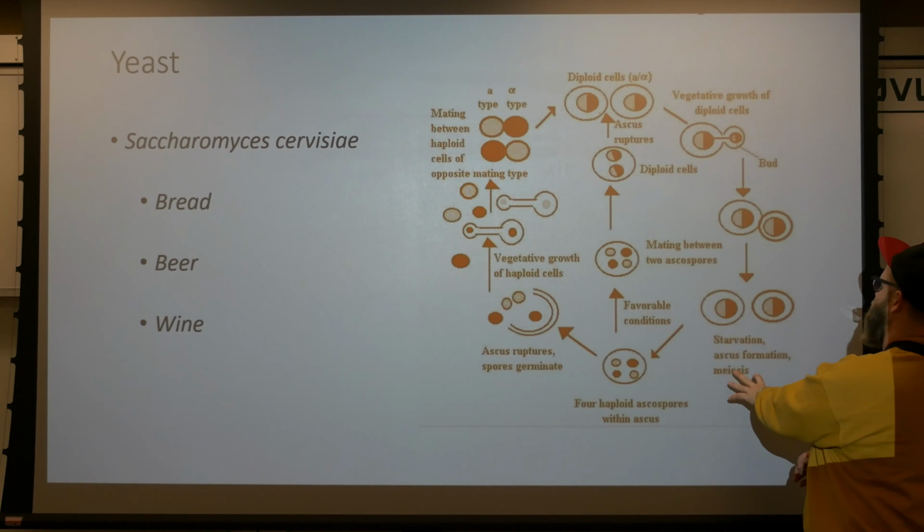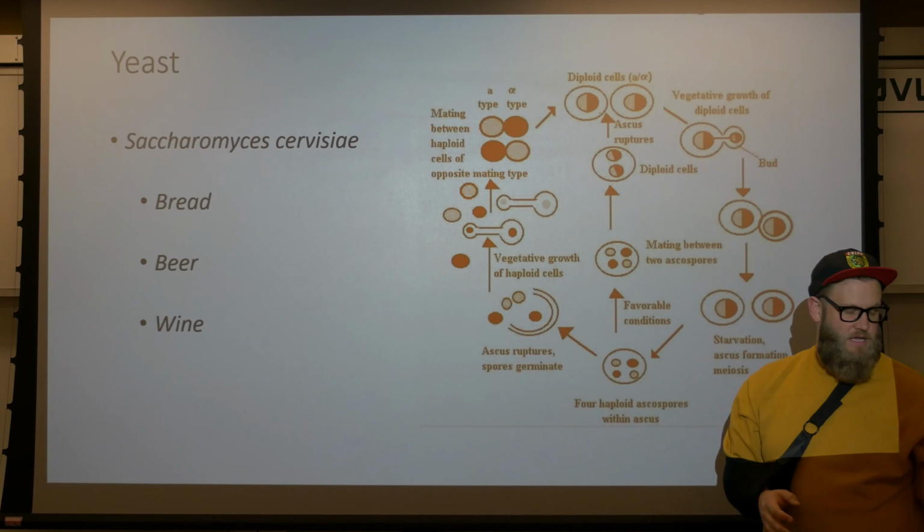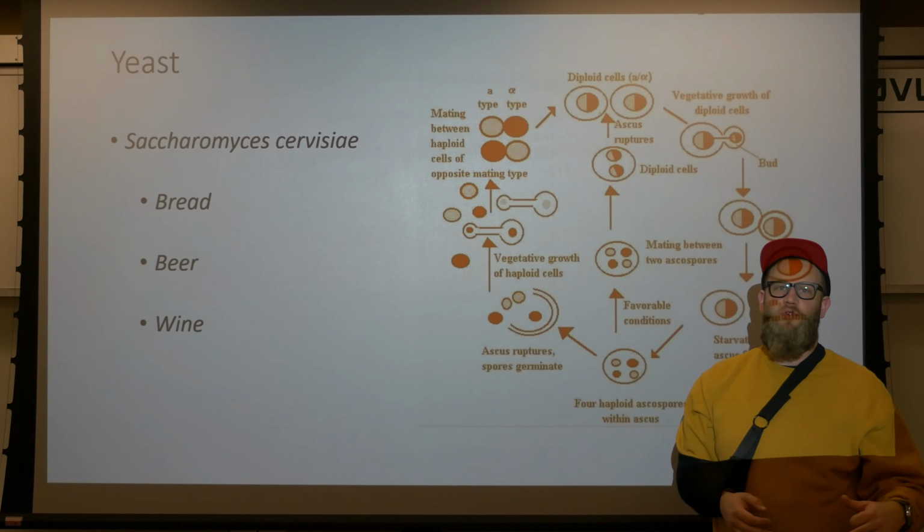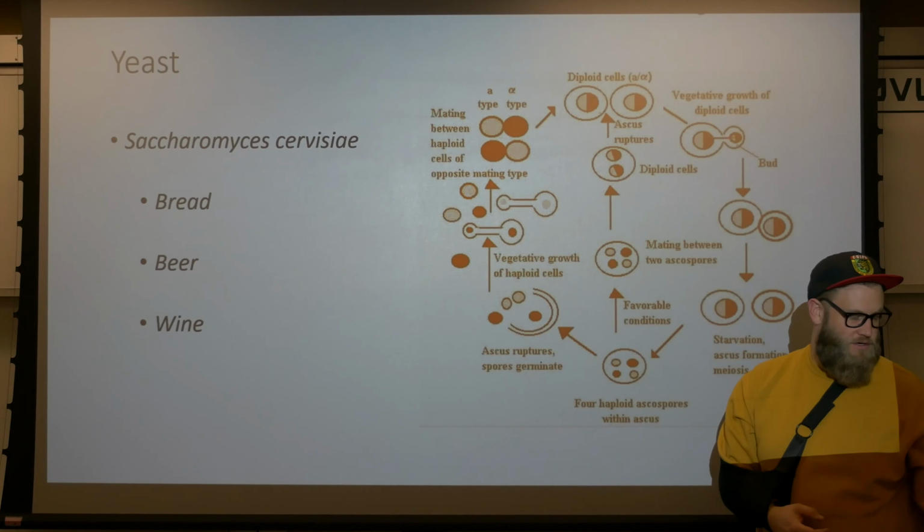So there's sort of two or three separate circles depending on how you draw yeast. This is a very, very basic version. I'll be candid, this isn't going to be one of the life cycles I wanted to test you on, but we gave you a much simpler Ascomycota to look at.